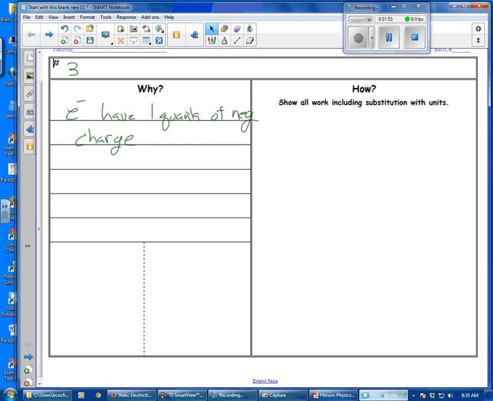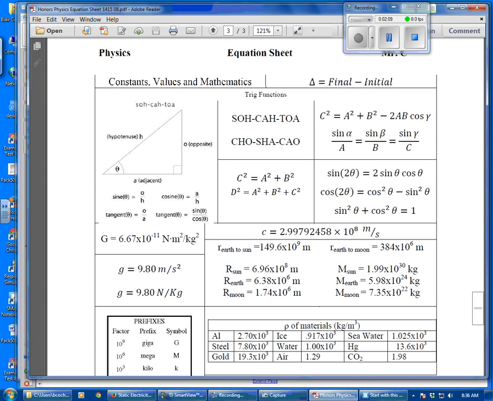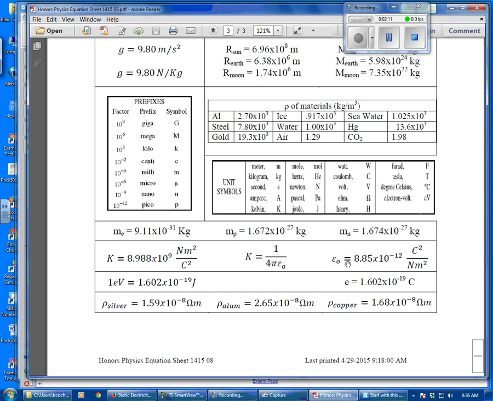Since I already stated that electrons have one quanta of charge, I know that in this case, the e is a quanta. Again, referencing my reference sheets, I go to the constants values, and down here at the bottom, I know that a quanta of charge is 1.602 times 10 to the minus 19th coulombs.